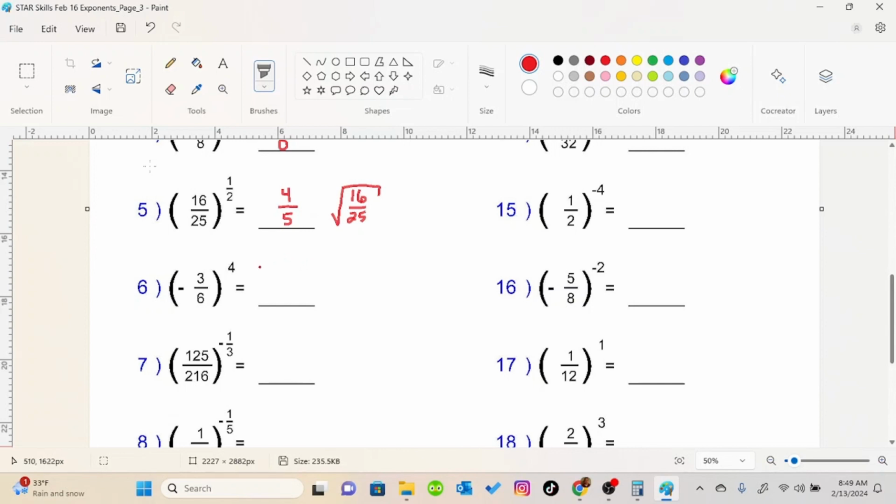Number 6, we have negative 3 over 6 to the 4th power. A negative number taken to a 4th power or any even power becomes positive. I notice right here that 3 over 6 could be simplified to 1/2.